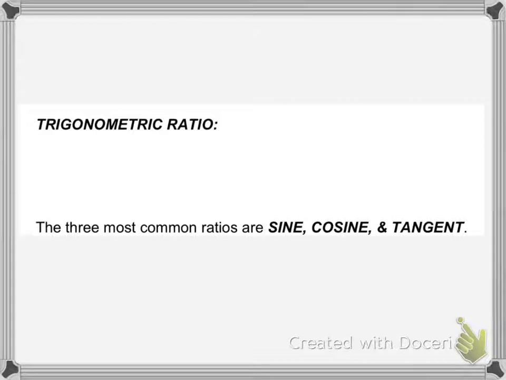But a trig ratio, remember what a ratio is. A ratio is a comparison of two numbers. So the ratio is going to be composed of the lengths of the sides of any right triangle.